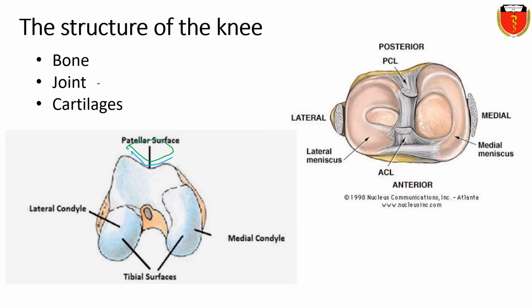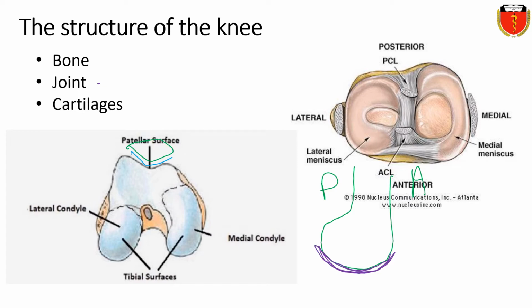Because the shapes of the tibia and femur are not really matched to each other, if you look at it from the sagittal view, this is anterior and this is posterior. The shape of the femur distally has a convex surface at the condyles of the femur.